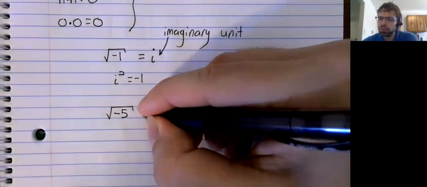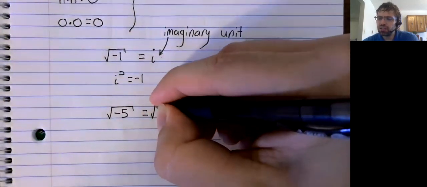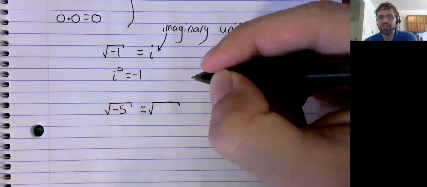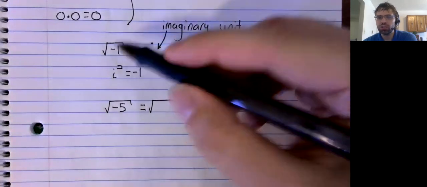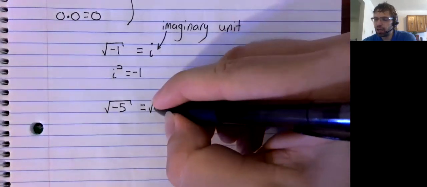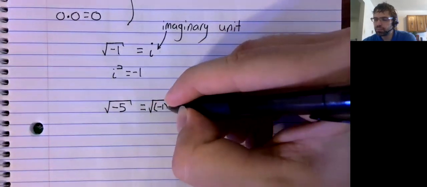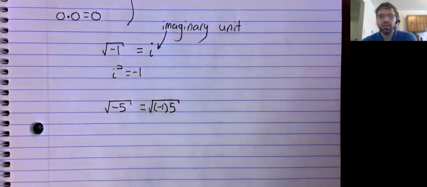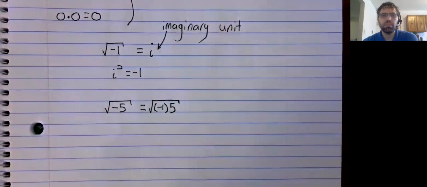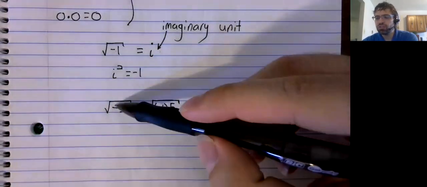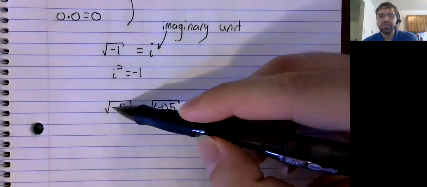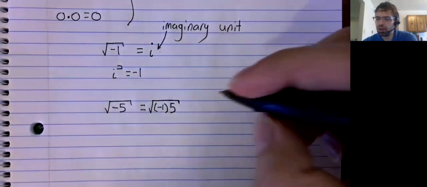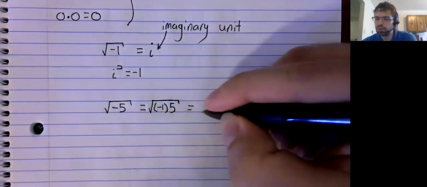Well, we can take the square root of any negative number, not just -1, if we remember first that you can think of a negative number as -1 times a positive number.